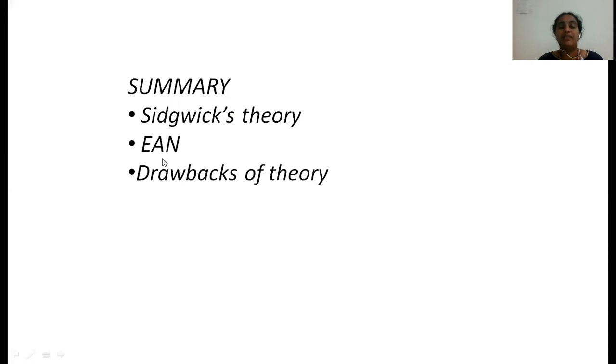The formula for the effective atomic number is the atomic number of the central metal atom minus the oxidation number plus n into coordination number. With this EAN formula, we can say whether complexes are stable, unstable, diamagnetic, or paramagnetic.